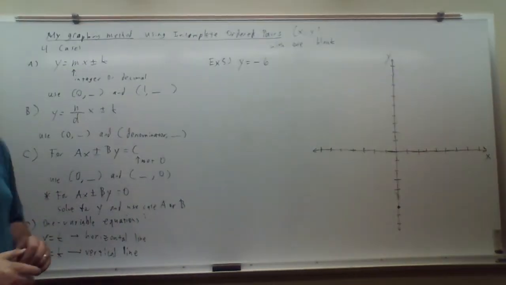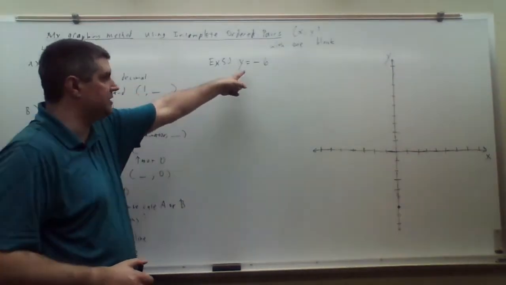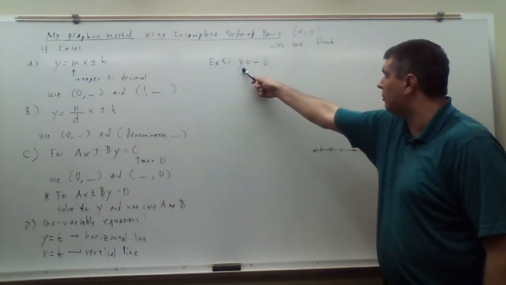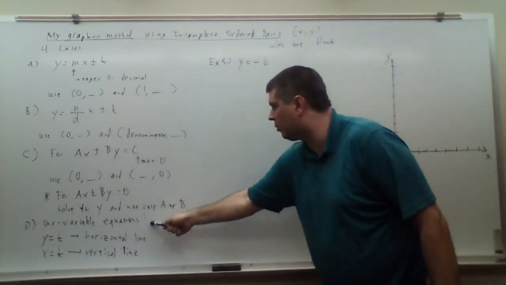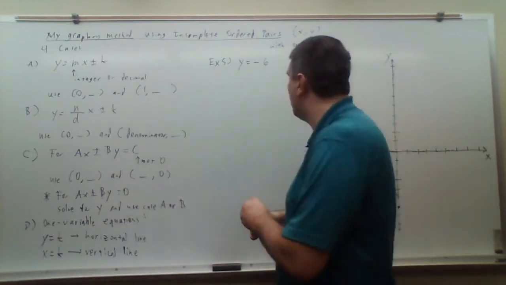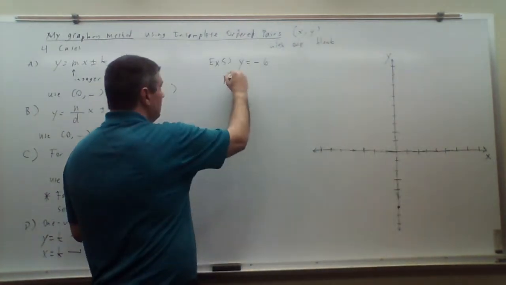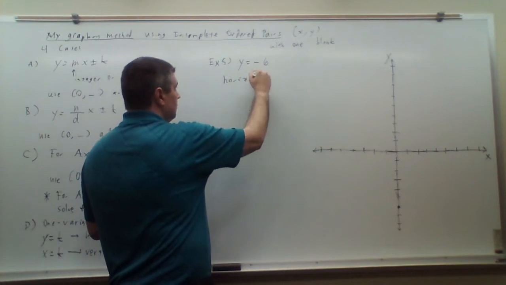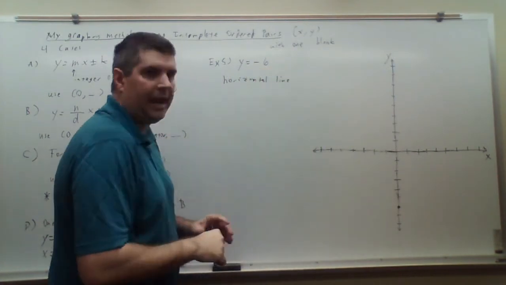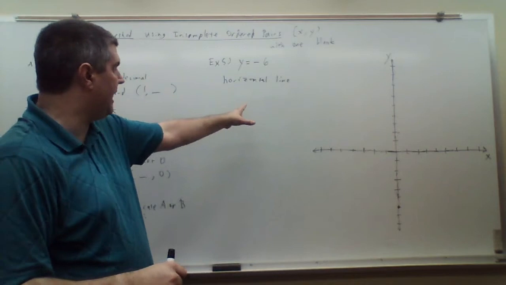Now I resume with y equals negative 6. Folks, this only has one variable. So it's a one variable equation. Y equals k will give you a horizontal line. And all of its y coordinates will be negative 6.